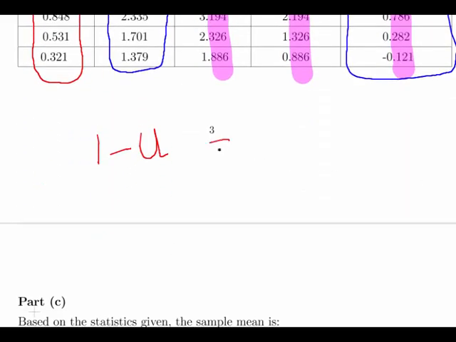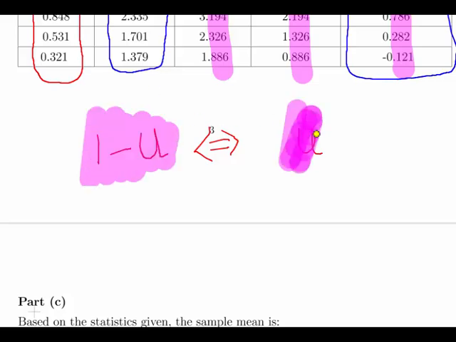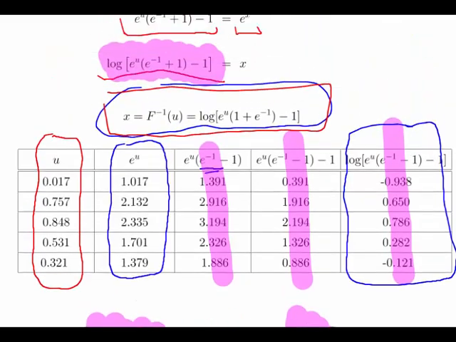It is legitimate and valid just to replace 1 minus u with u, or vice versa if it helps, because they're essentially the same distribution. So that's a thing you can do. It's not really relevant for this question, but it is a valid step in creating these sort of expressions.